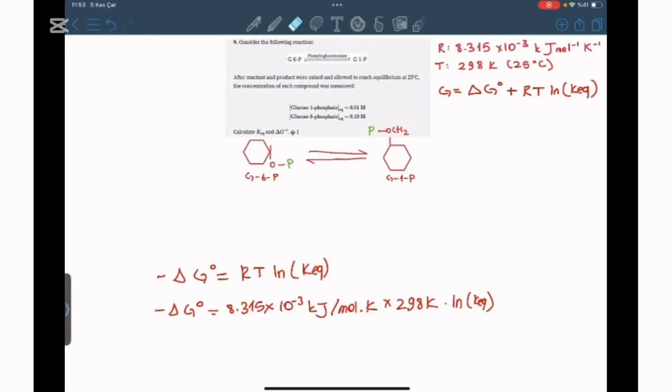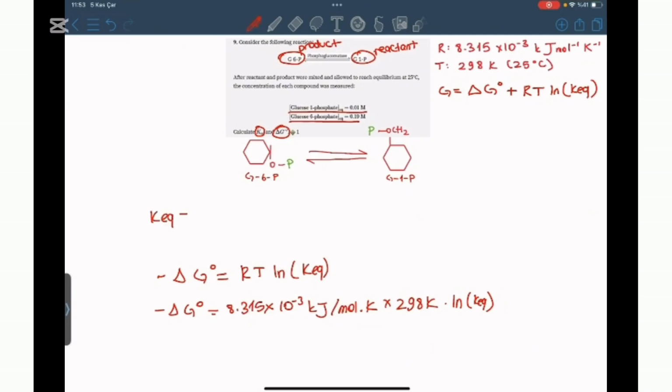So in this question, we have a reaction from glycolysis, and we are asked for the equilibrium constant and Gibbs free energy. First of all, we should look at the concentration of the compounds, and we see that G6P actually has a higher concentration than G1P in equilibrium, which means that the reaction is favored towards G6P, and we can take it as a product while we take G1P as the reactant.